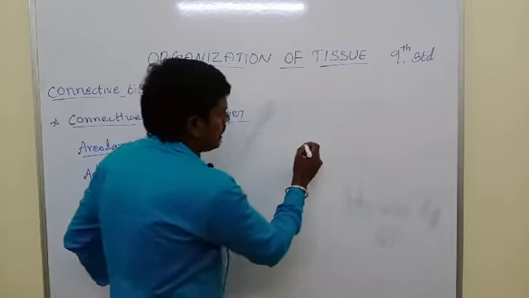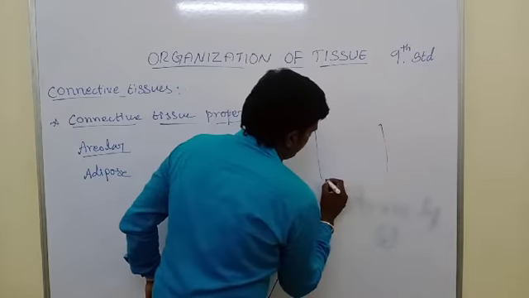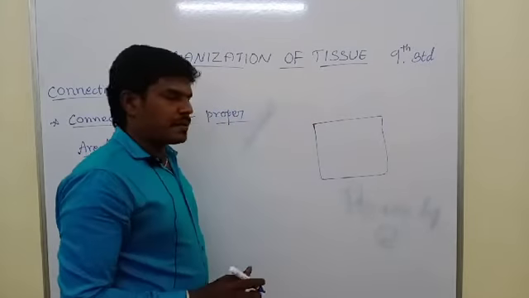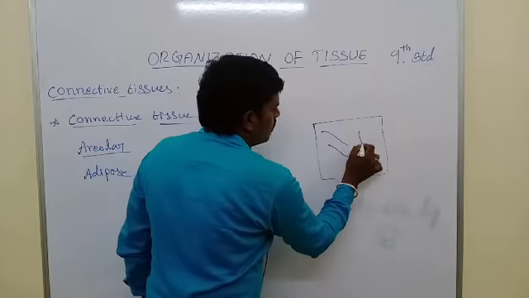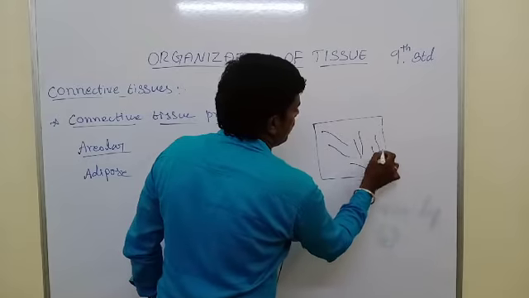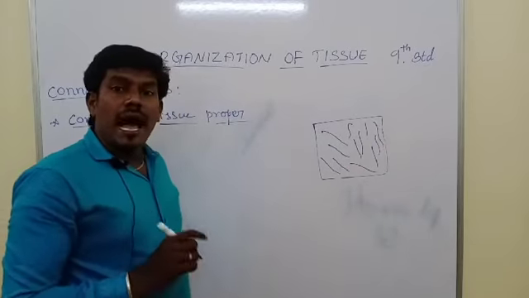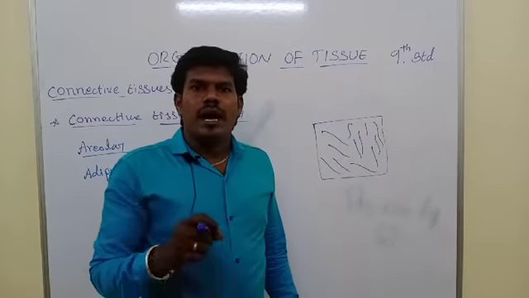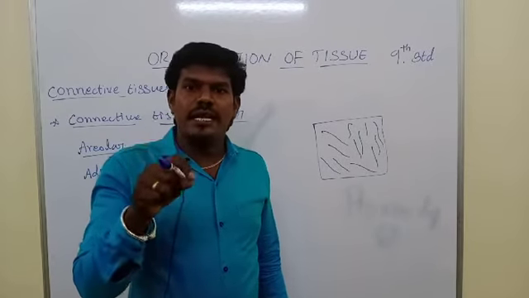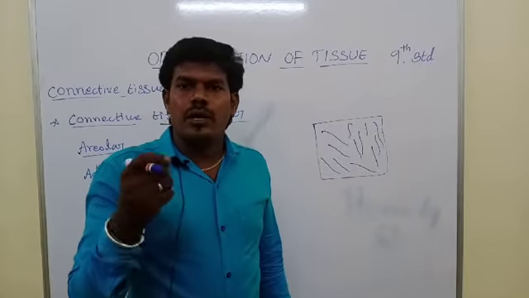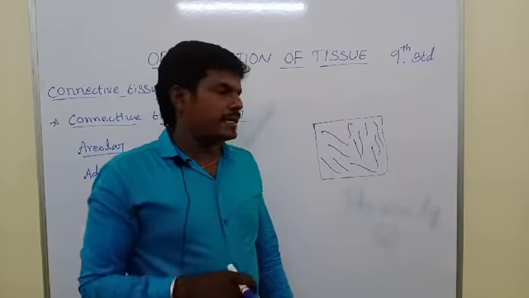Just imagine fibers are present. Fiber means what? Thread-like, elongated structures. Then loosely: the fibers are loosely arranged in a semi-fluid ground substance called matrix.